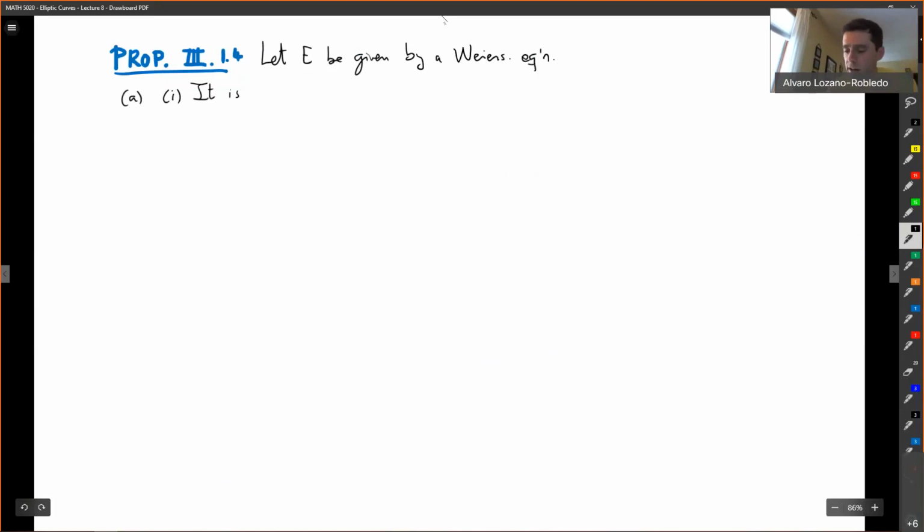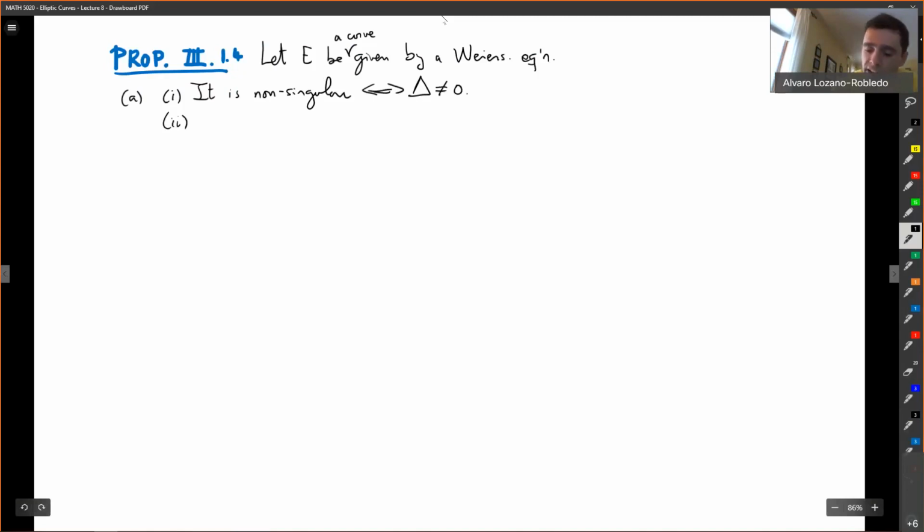Let E be, actually, we are talking about a curve first, given by a Weierstrass equation. So we want to know when Weierstrass equations are smooth, for example. A: it is non-singular if and only if the discriminant is non-zero.